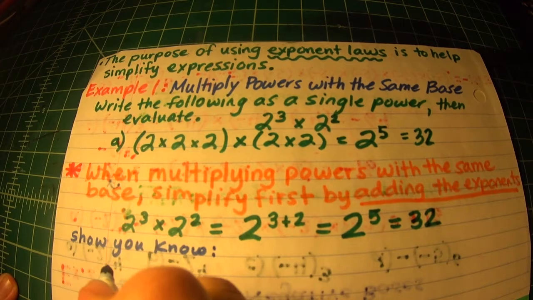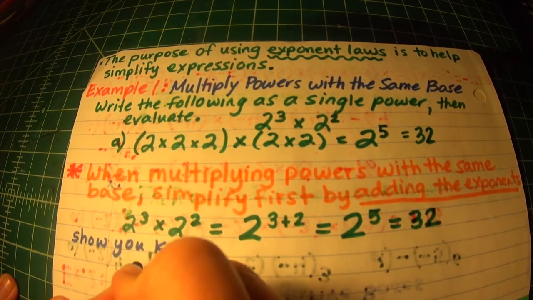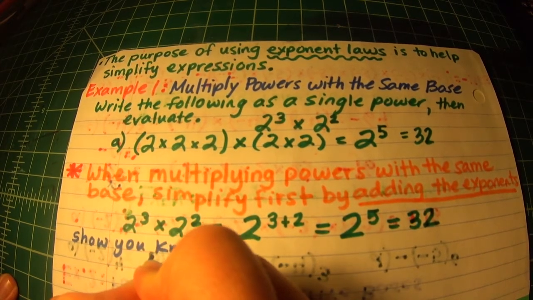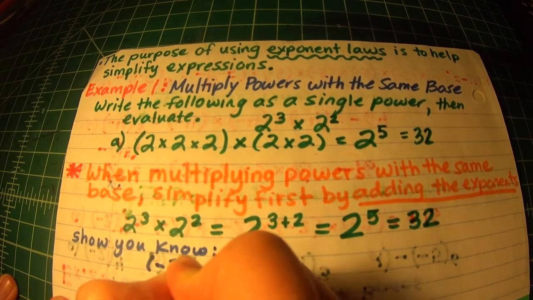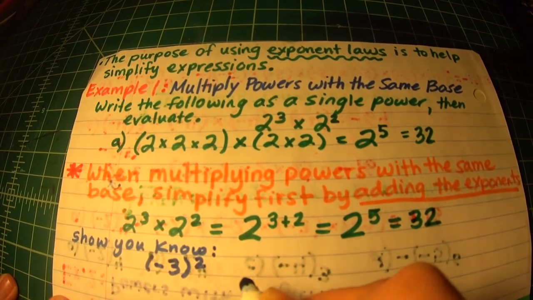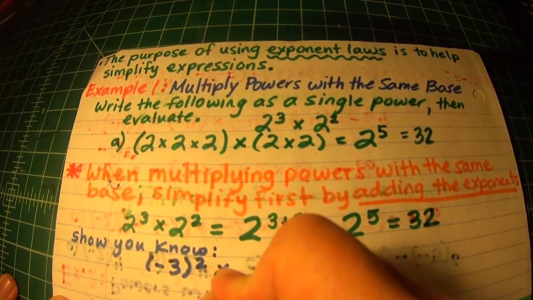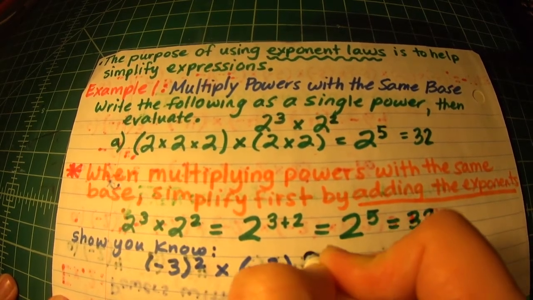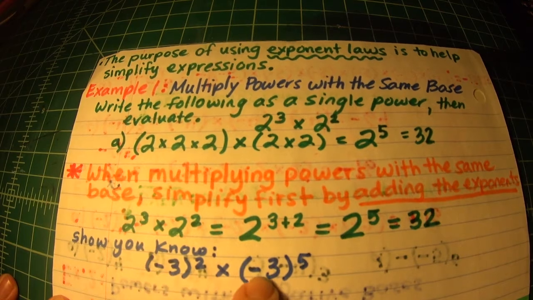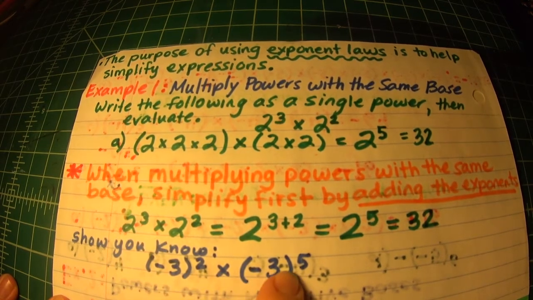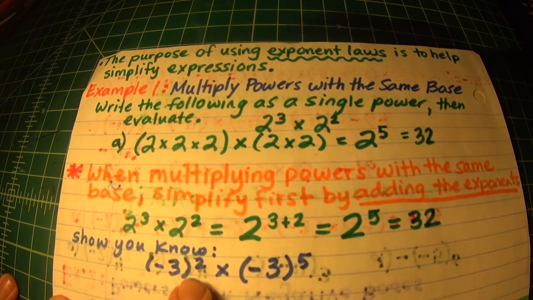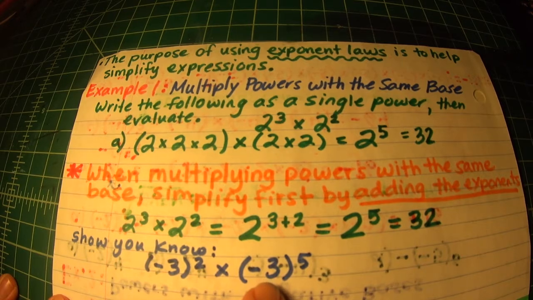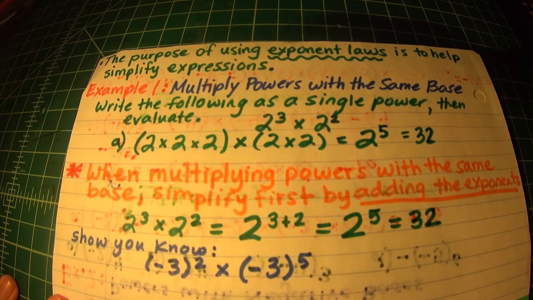So here's the question. We've got (-3) squared times (-3) exponent 5. And please notice, and make sure you copy it down this way, that both of these -3's are in brackets. Okay? So please go ahead and pause the video now.